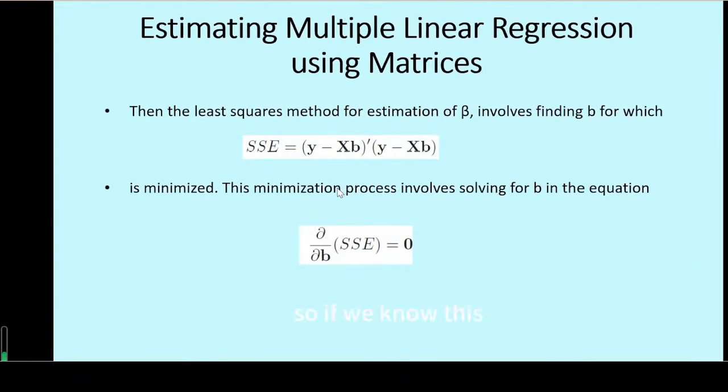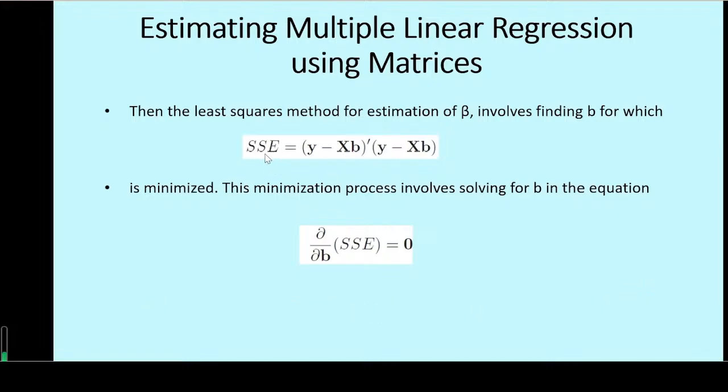If we know this matrix expression, then the estimation of the linear regression model is to minimize the term called SSE, the sum of squared errors. The sum of squared errors is the matrix multiplication of y minus Xb, transposed, then multiplied with y minus Xb. The result is a scalar, just one number, SSE.